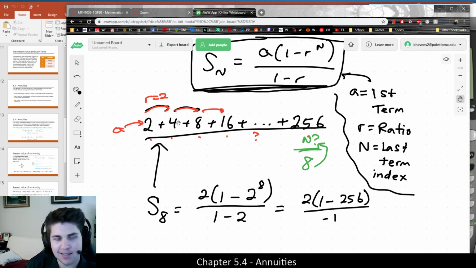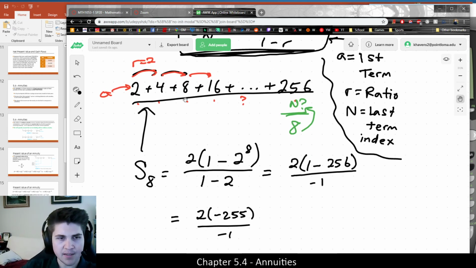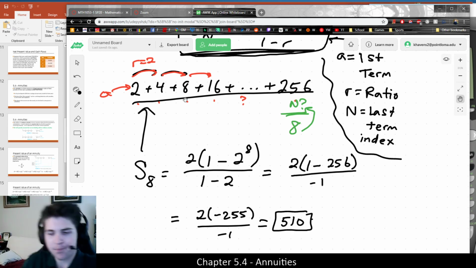So it's not a coincidence, it's just algebra. What that leaves us with is 2 times negative 255 over negative 1. Of course that ends up being positive because it's a negative over negative, and 2 times 255 is 510. That should be the sum of all of those numbers we have there.